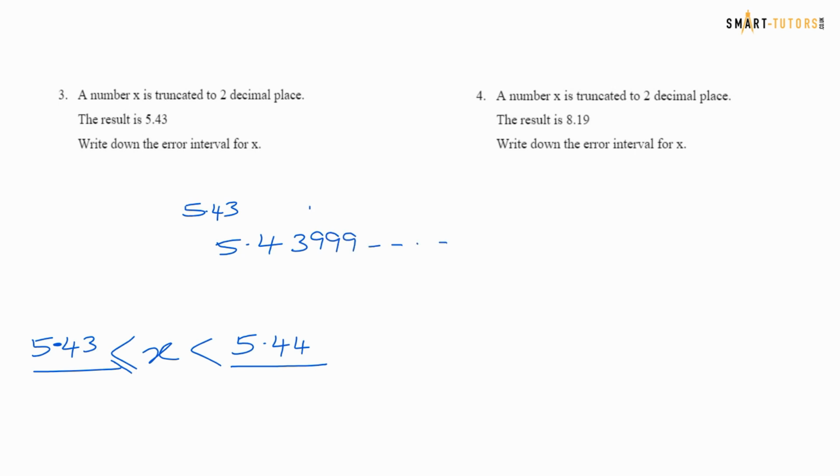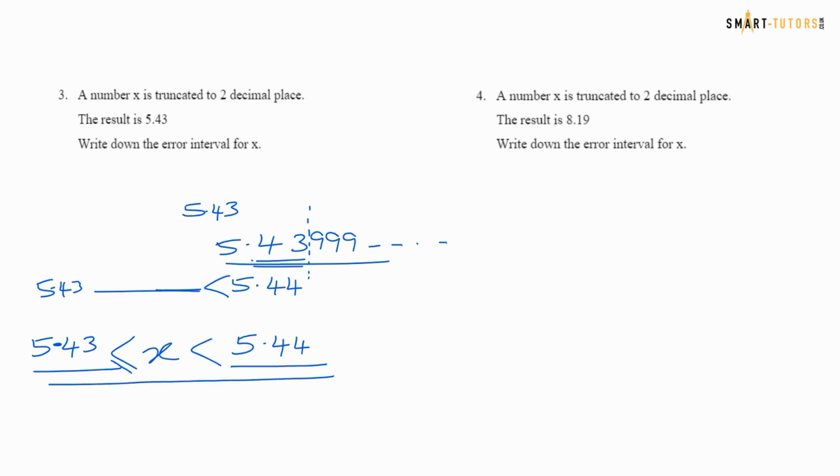If you truncate to two decimal places here, the third one is 5.43. But this cannot be equal to, so you can add one more, 5.44, less than that. Any number less than 5.44 or more than or equal to 5.43 will be the answer for the truncation. So that is our answer for question number 3.